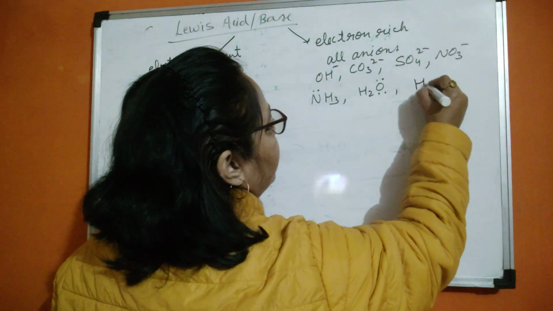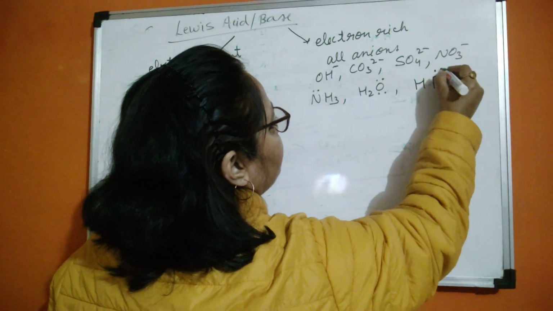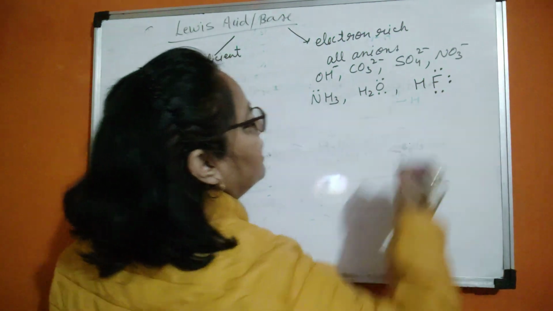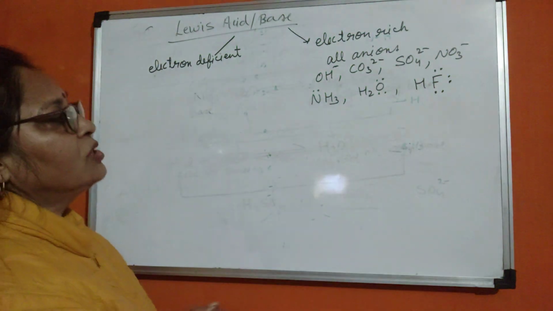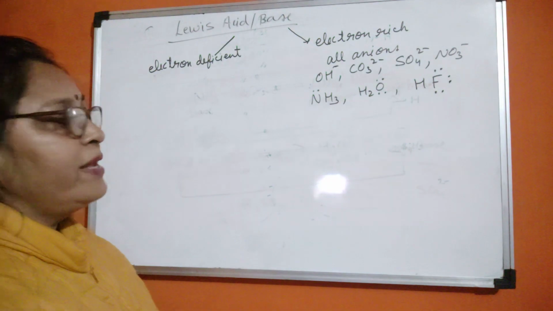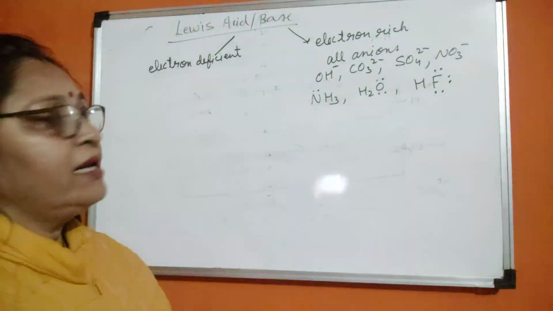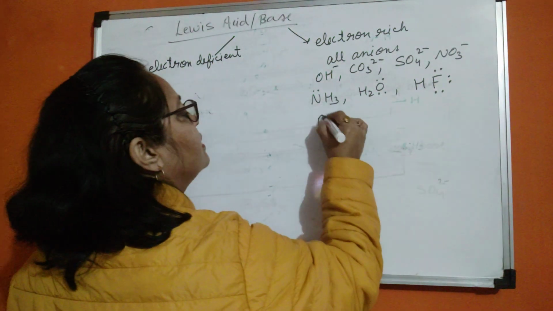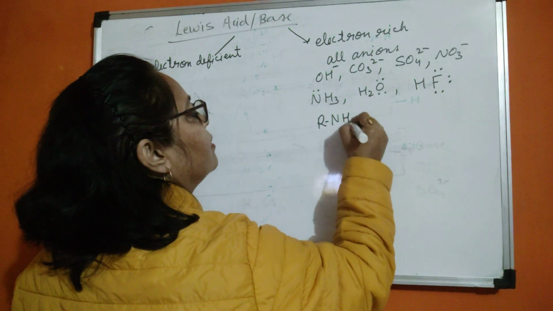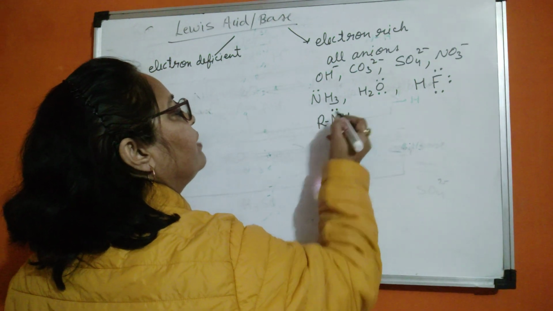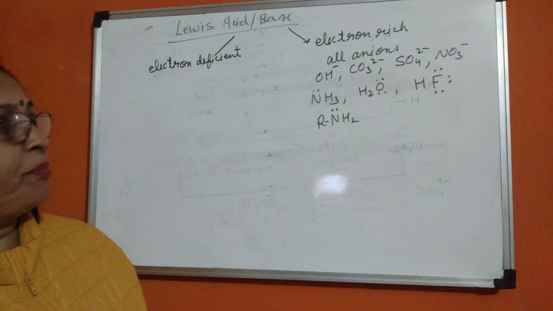Or we have HF, where fluorine has 3 electron pairs. Right? So these are Lewis bases because they easily donate their electron pairs. Or we have amines, where again nitrogen possesses one lone pair.